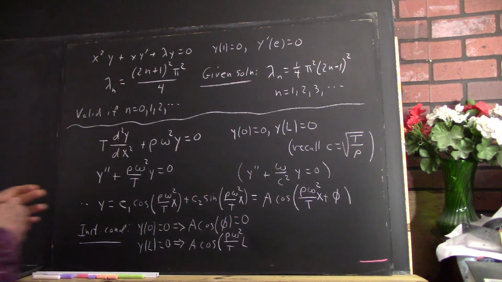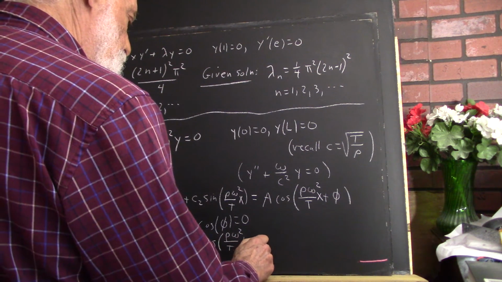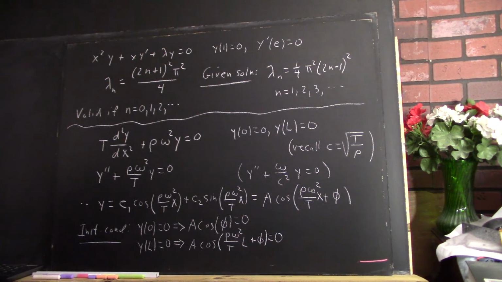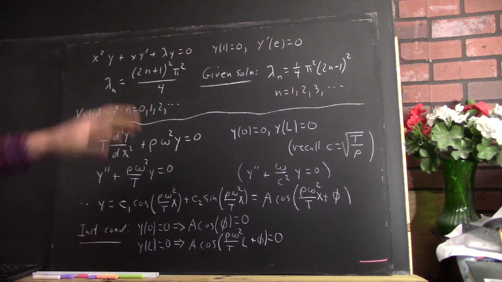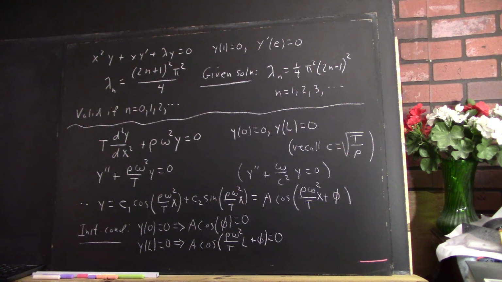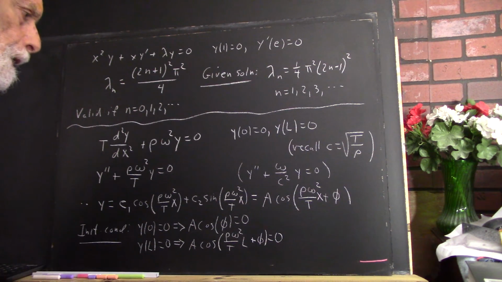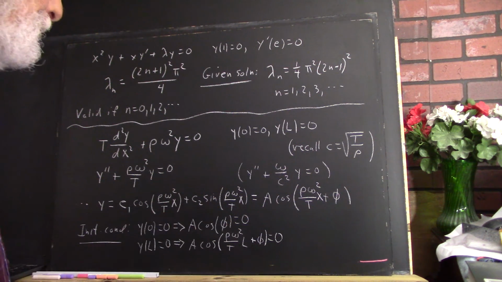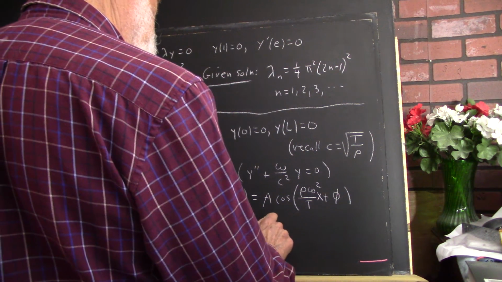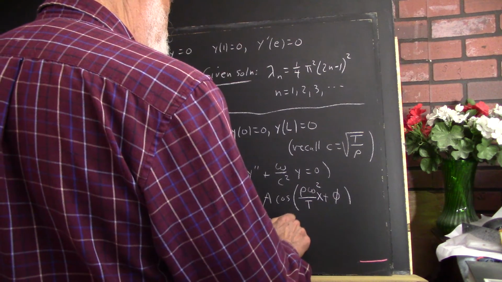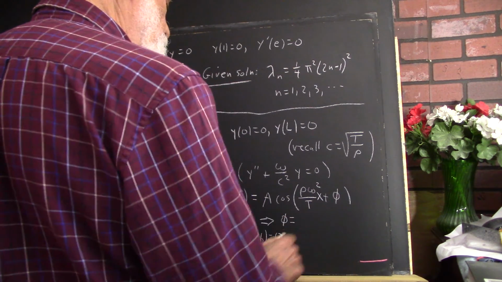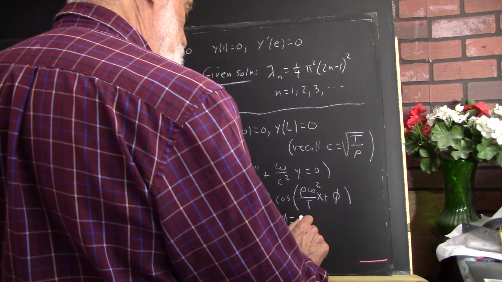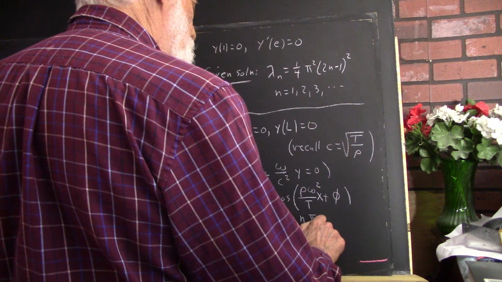Okay, this tells you, I'm running out of room here, which is unfortunate because I would like to keep this all in one board, and I probably will because I'll leave a couple of steps for you to work out. But if the cosine of phi is 0, this means phi has to be a multiple of pi. I'm just going to skip to phi equals n pi.